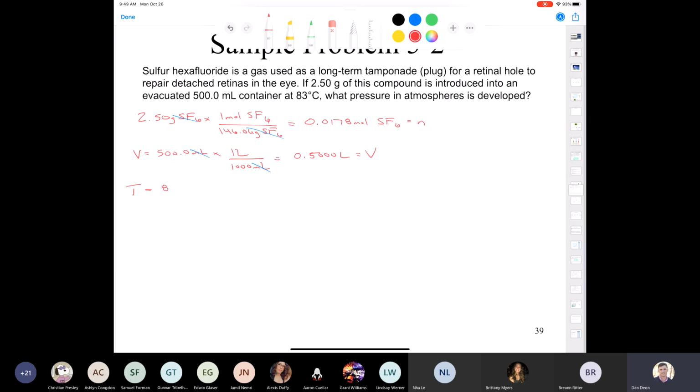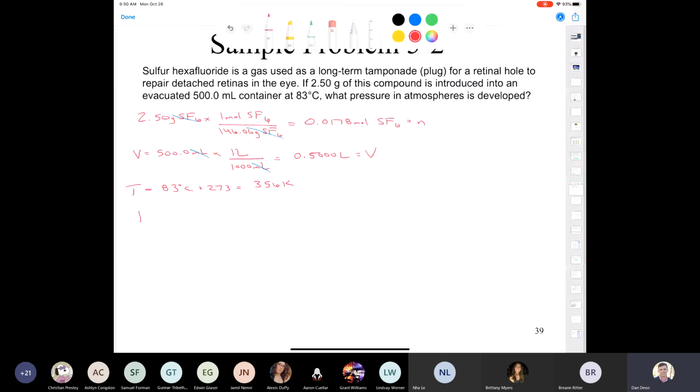Temperature is equal to 83 degrees Celsius. All we have to do is add 273, and that gives us the temperature in Kelvin. 356 Kelvin. Let me double check that. 356, and there we have it.